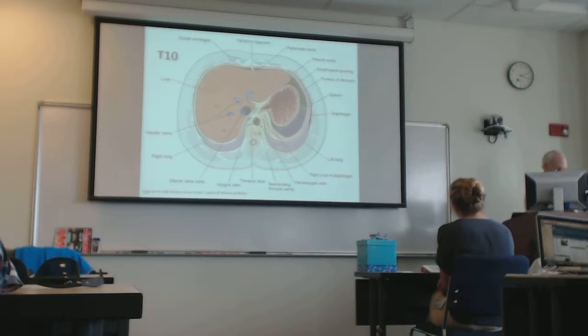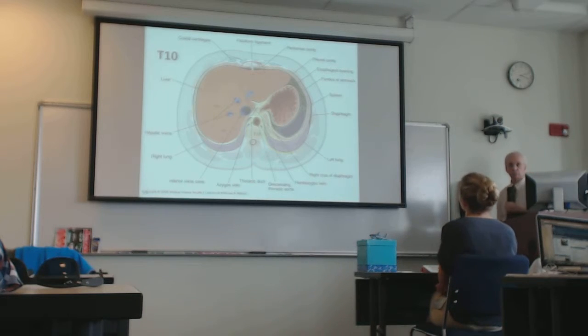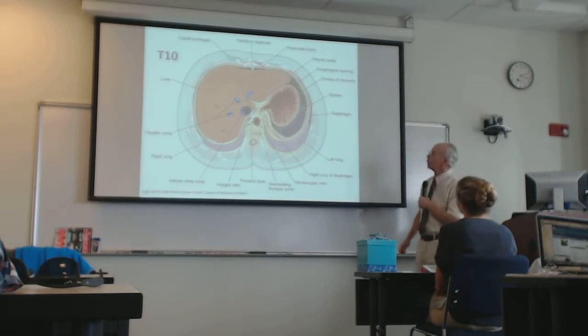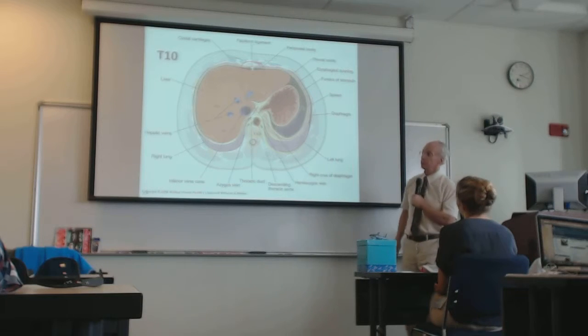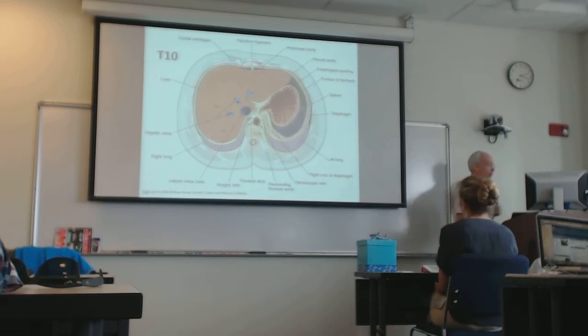Now, let's come to the liver. We've already talked about the falciform ligament. We've seen several images of that. But somebody asked me what's really happening at the falciform ligament. How would you describe that in terms of the parietal and the visceral peritoneum?